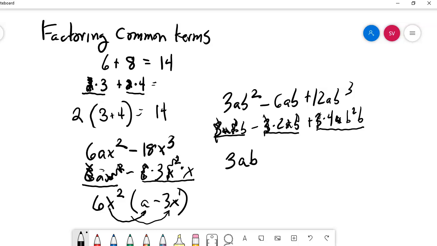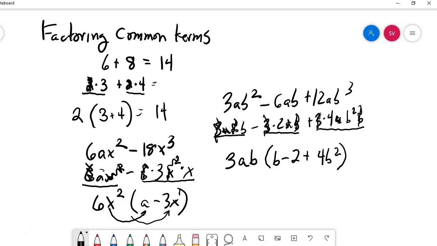I cross it off the list. So now we put back in parentheses whatever we weren't able to cross off, which is b minus 2 plus 4b squared. Now this b and this 4b squared are not like terms, so we cannot combine them. So this would be our final answer.